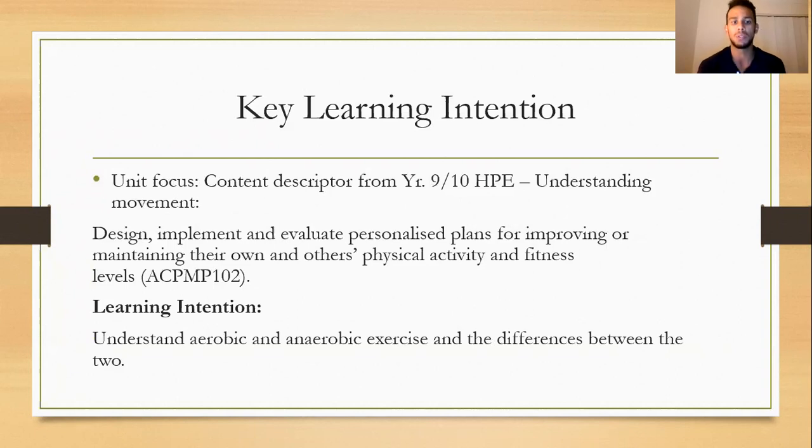This was important because aerobic and anaerobic exercise underpins the whole unit focus around fitness levels and exercise intensity. So it was important that students understand aerobic and anaerobic exercise, obviously when planning their fitness plans.